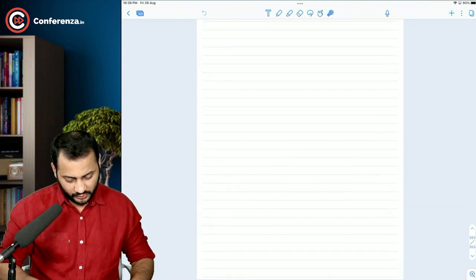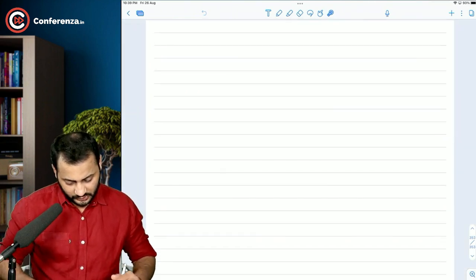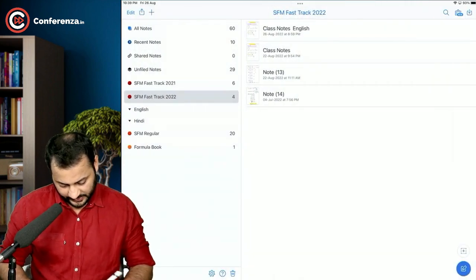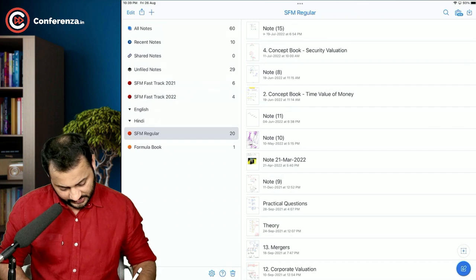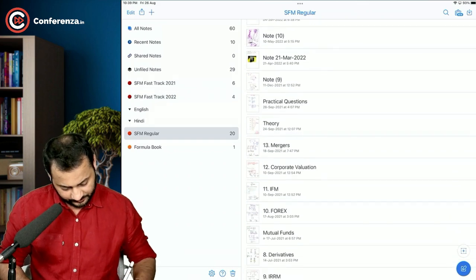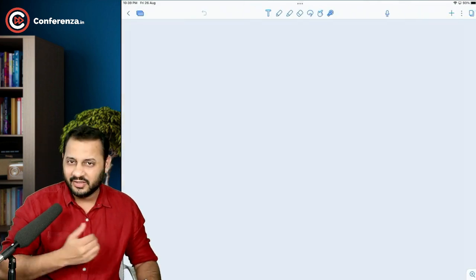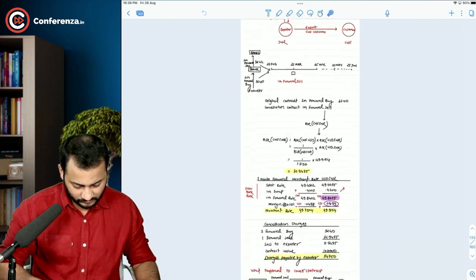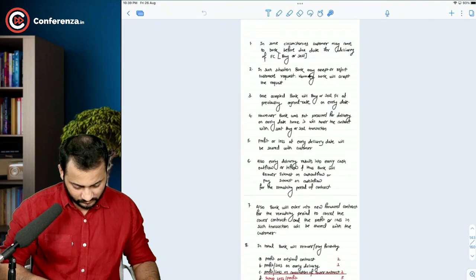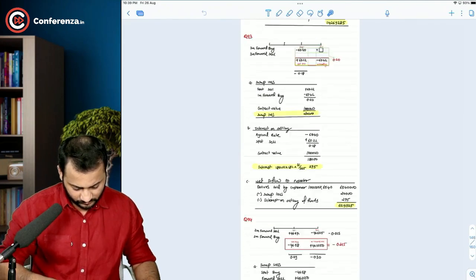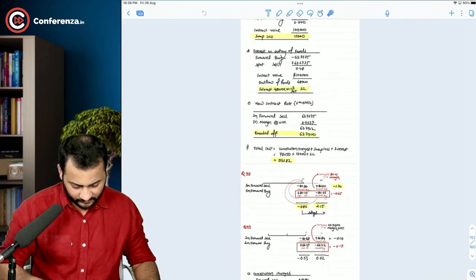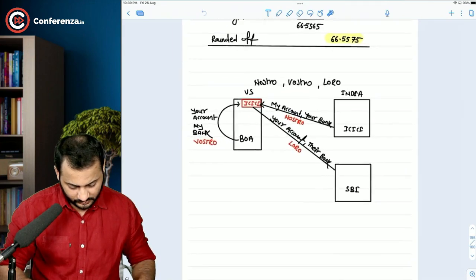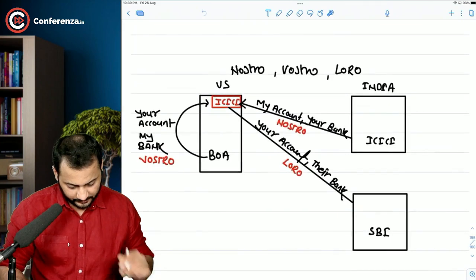Nostro, vostro, and loro account. Instead of this, let me just check if we can take it from the regular batch itself. Oh, that was explained in very much detail in that, I think. Yep. Right. See.